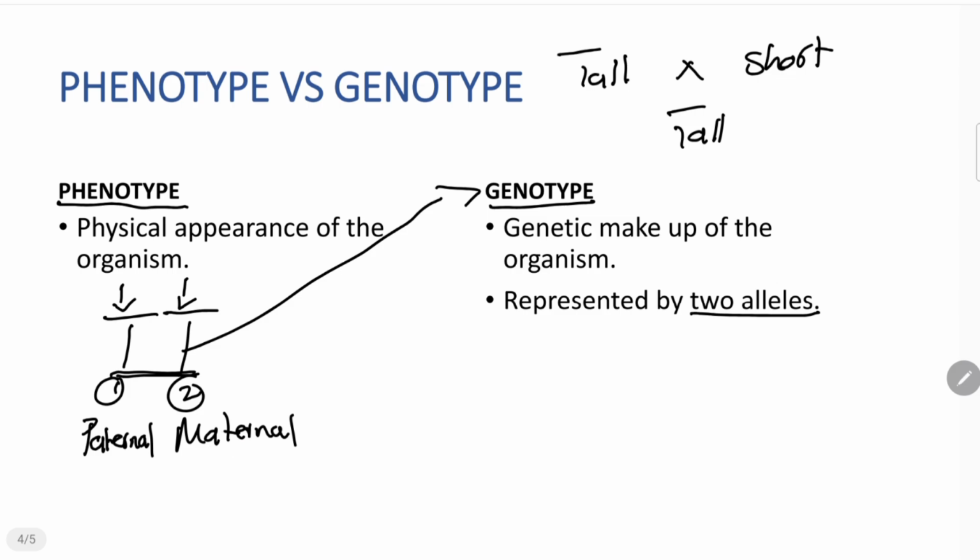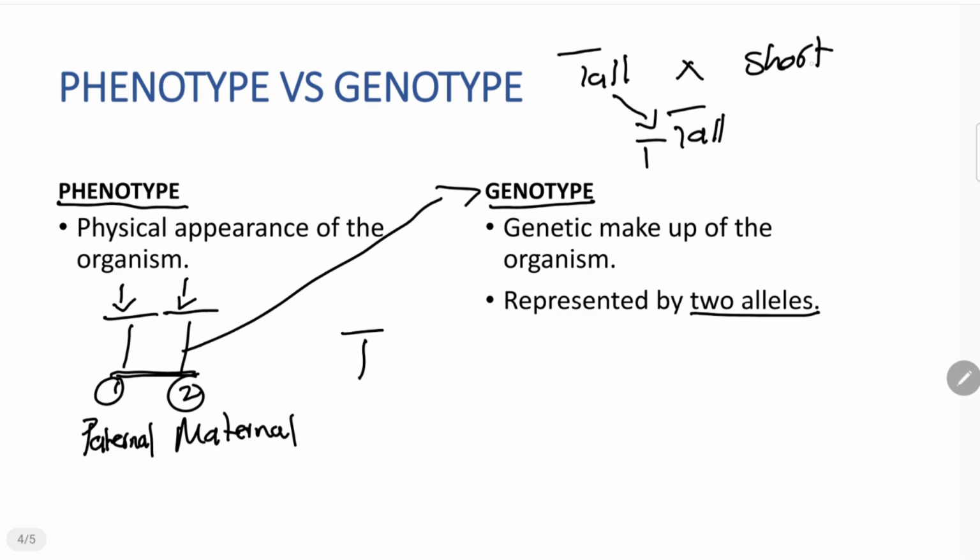Let's look at another example for tallness. Let's go back to this example for tallness and shortness, giving us offspring that are all tall. Let's say these tall plants did indeed bring that capital letter T to the offspring. But remember, we said that for shortness, we're going to use small letter t.